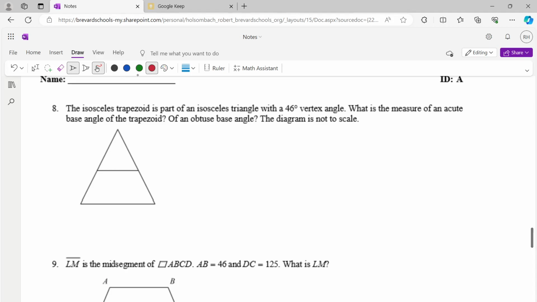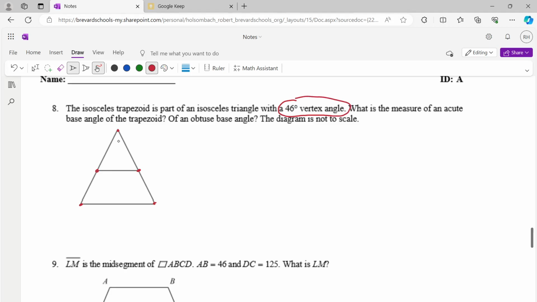Problem number 8, you are told that the isosceles trapezoid, that's the shape here on the bottom, is part of an isosceles triangle. That's the big triangle, with a 46-degree vertex angle.